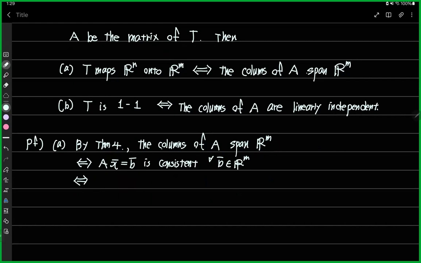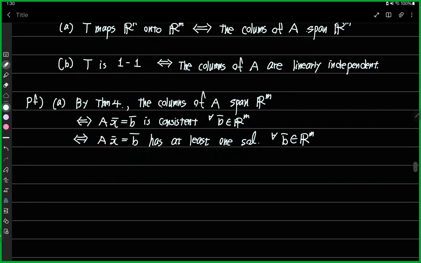Consistent means that Ax equals b has at least one solution. That's the definition of consistent, for all b in Rm space. Which means that T maps Rn onto Rm space.